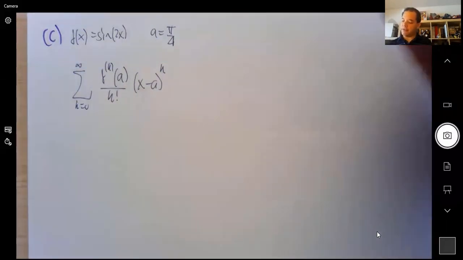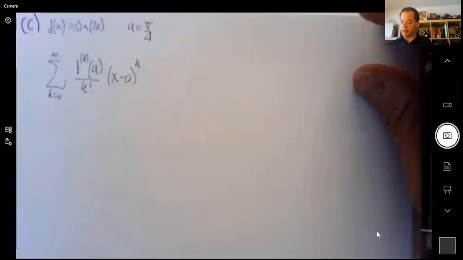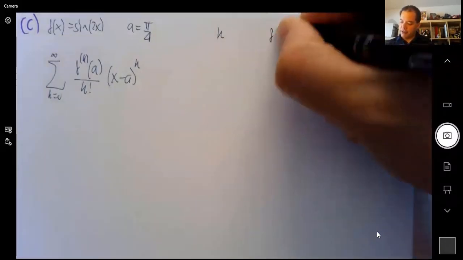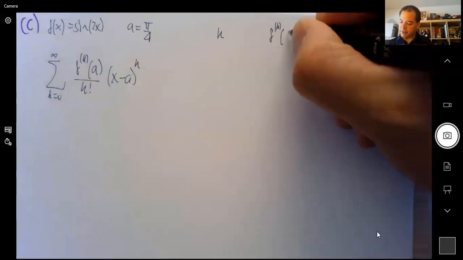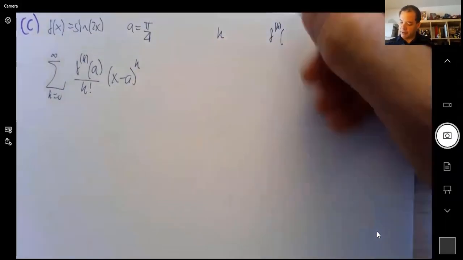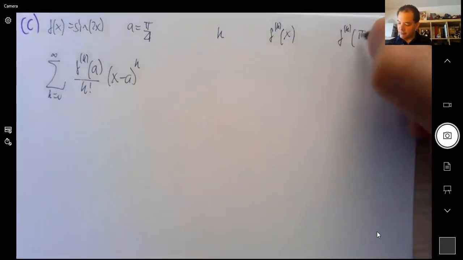So again, we're going to need the derivatives and plug them in at pi over 4. So let's start creating a table. So here's k, the kth derivative of x, and then the kth derivative at pi over 4.